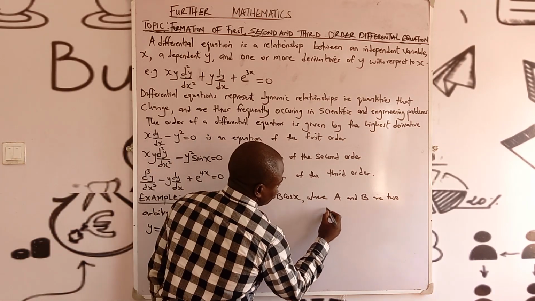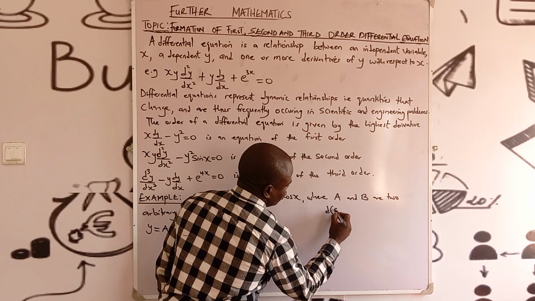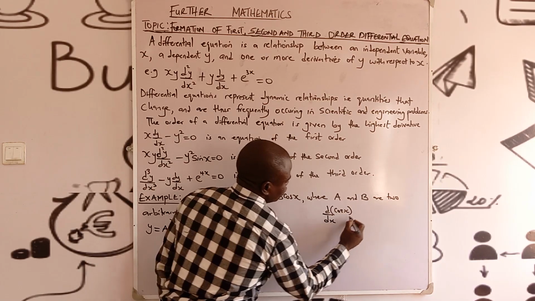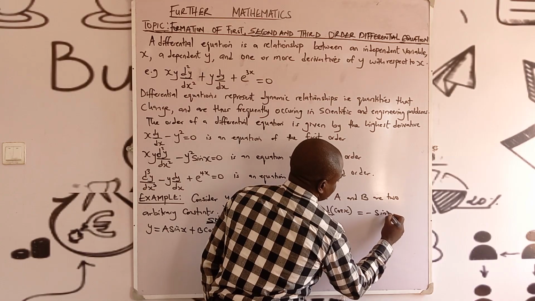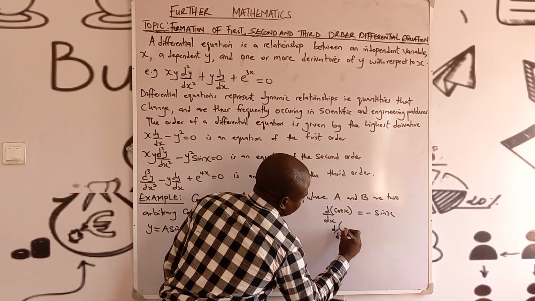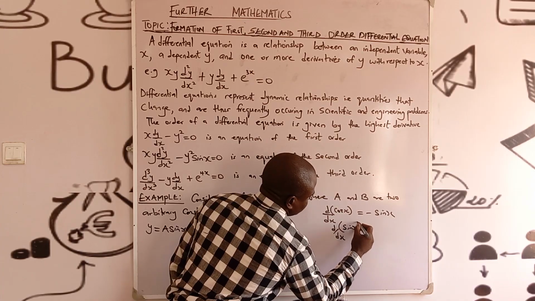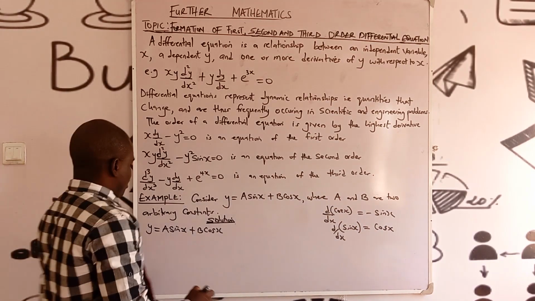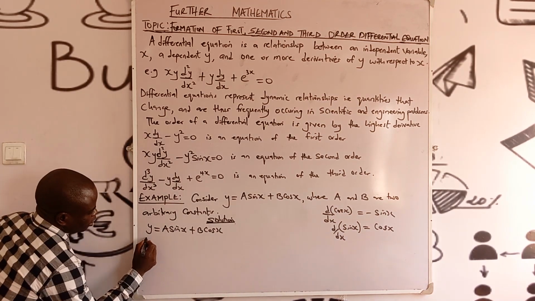Don't forget that when you are differentiating, d by dx of cos x gives minus sine x, and differentiating sine x gives you cos x. These are standard. Now I want to differentiate this.